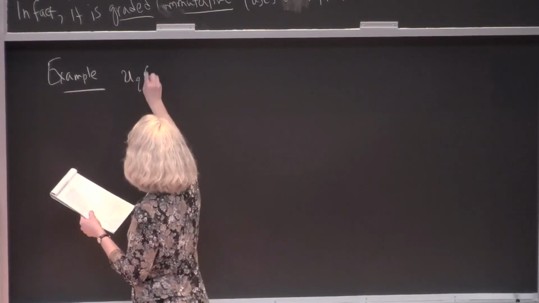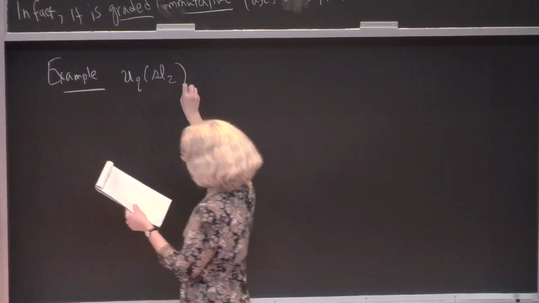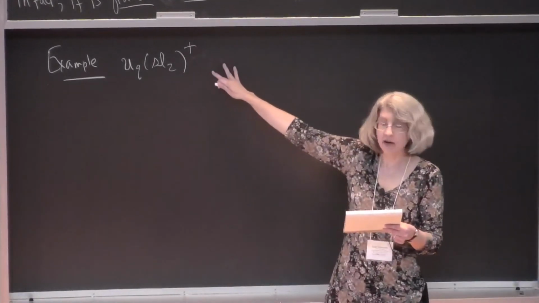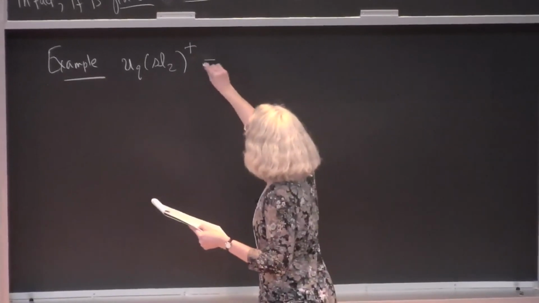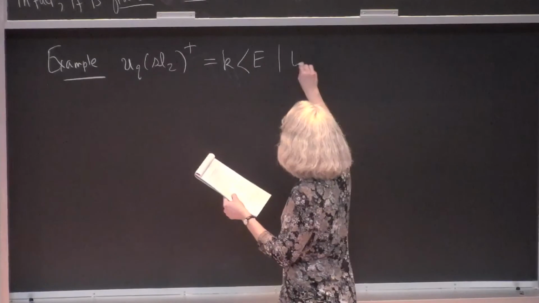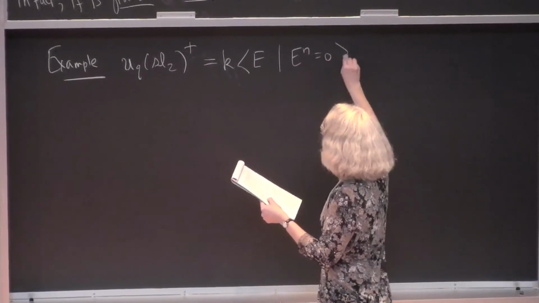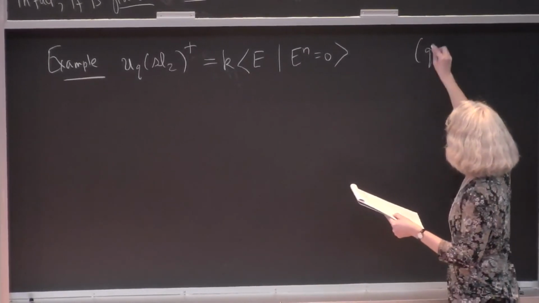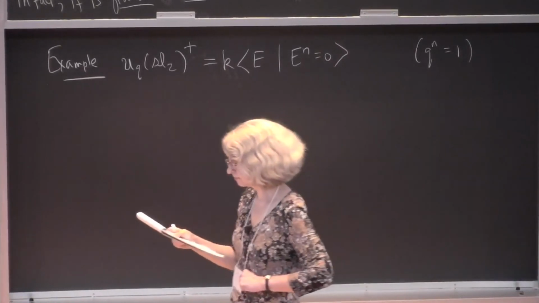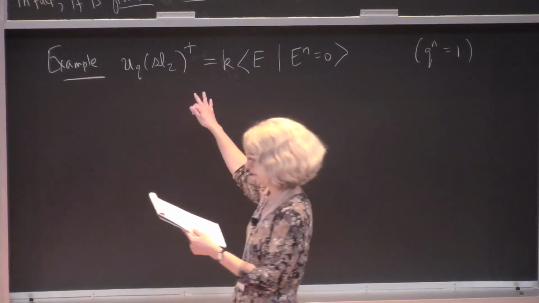Let's take little u_q(sl2), the small quantum group, and let me look at a subalgebra, u_q plus. I just want to take the part generated by one of those nilpotent generators E, so E to the n is 0. This is in the case where q is a primitive nth root of unity, so that for the small quantum group, we have a definition.